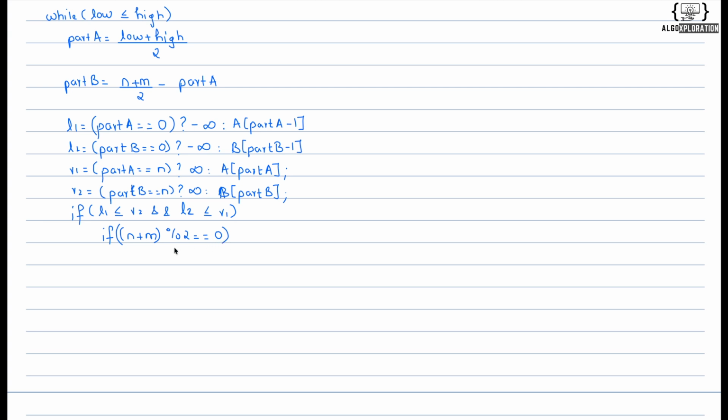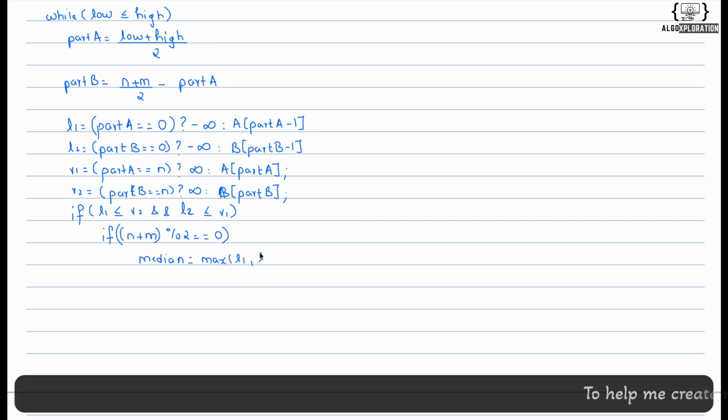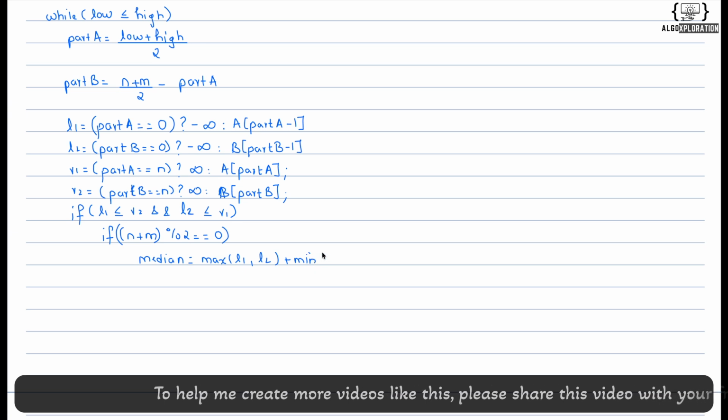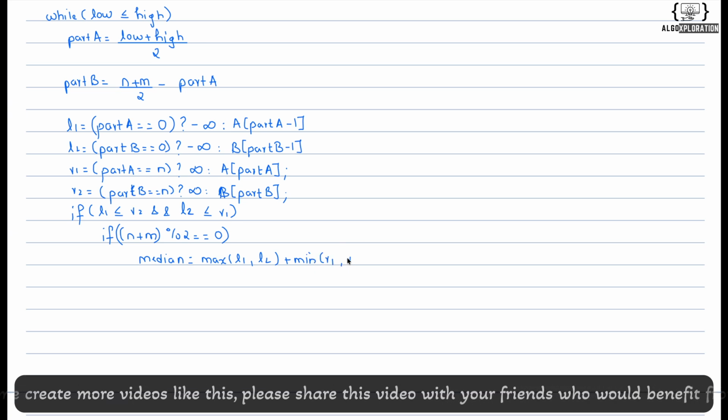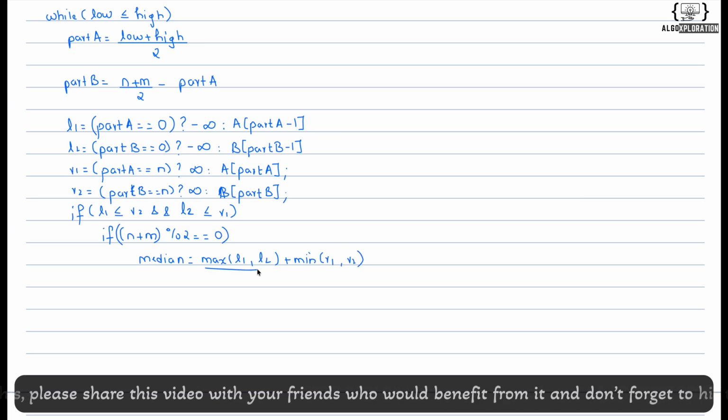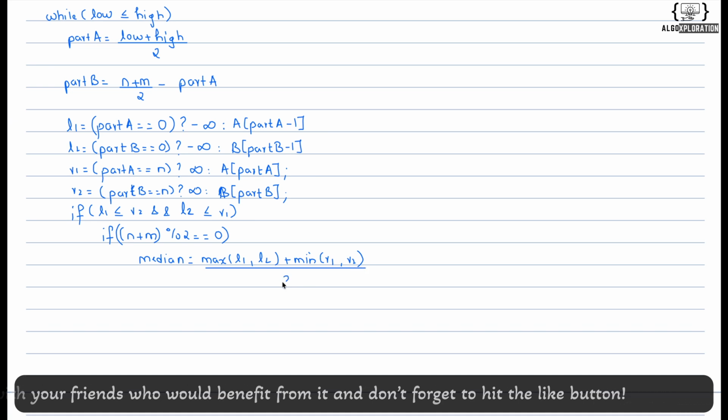Then we need to have two values, and we can find the median as (max of L1 comma L2 plus min of R1 comma R2) whole divided by 2.